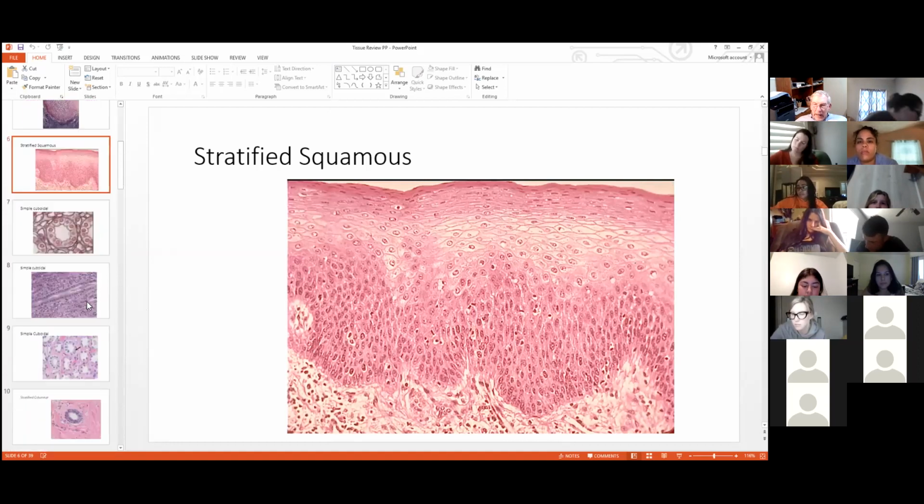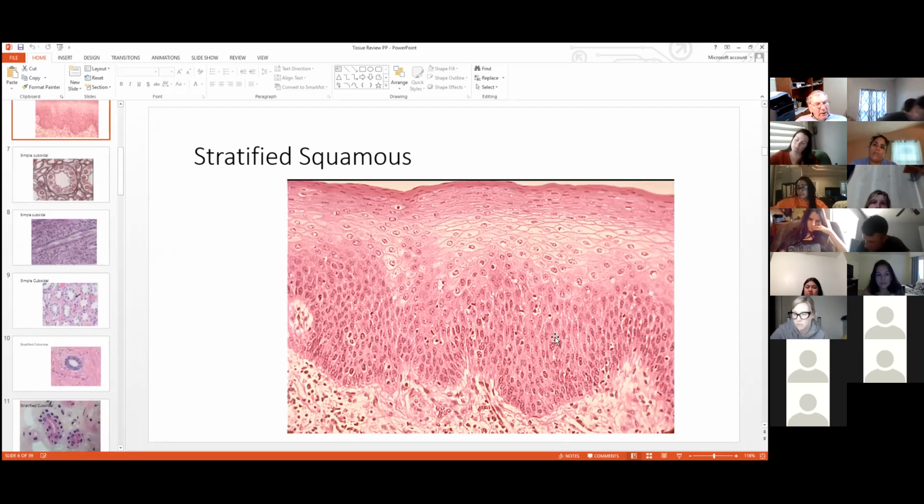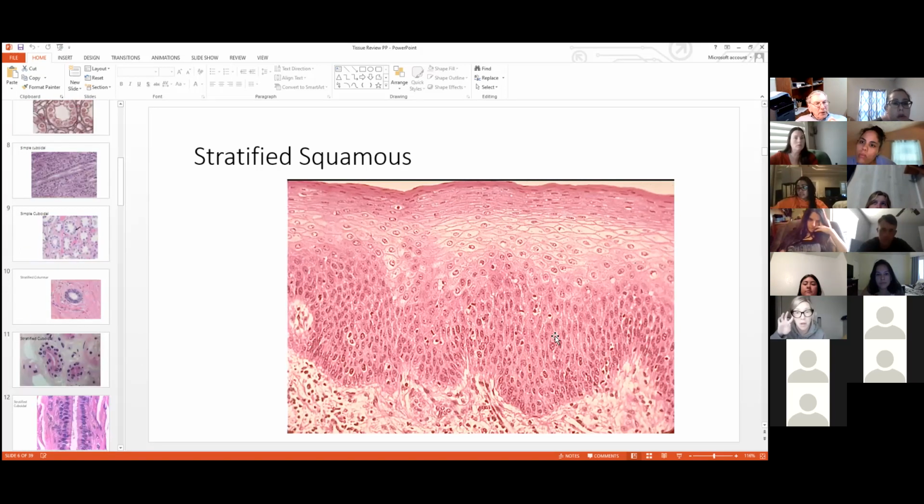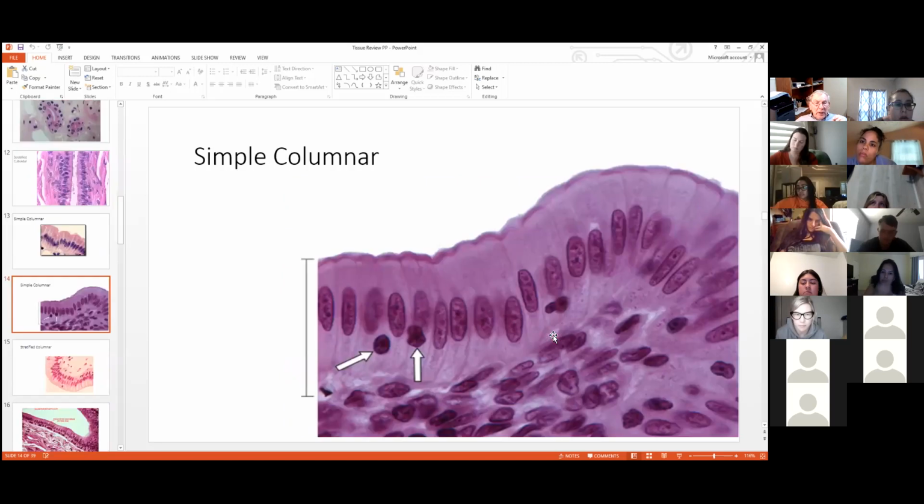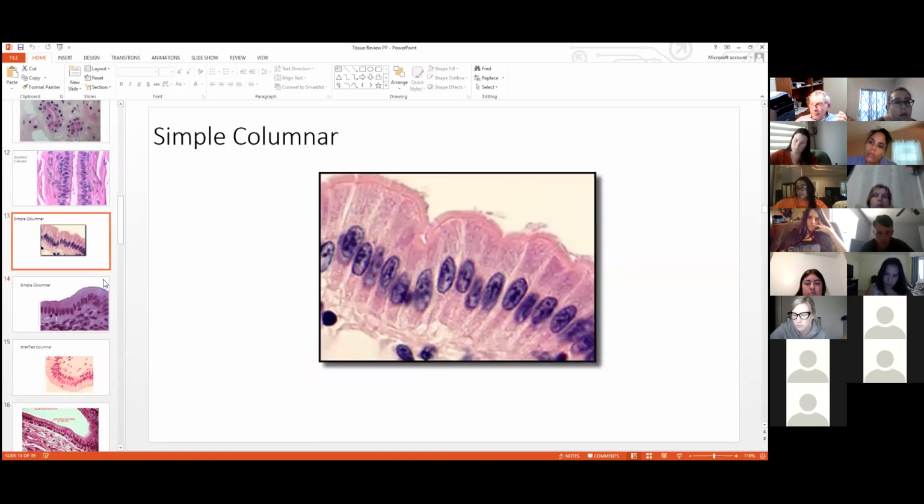What we're looking at in the tissue that's in the stomach and small intestine, we see something more like this. That's the simple cuboidal. The columnar, right? I'm sorry, simple columnar.